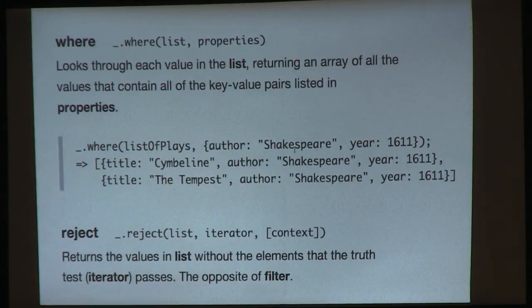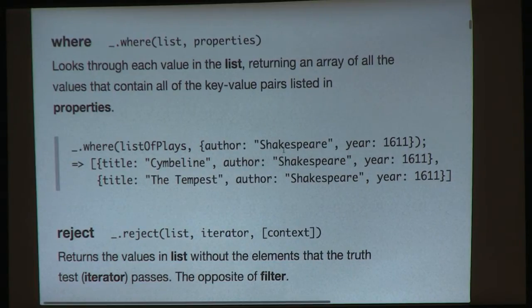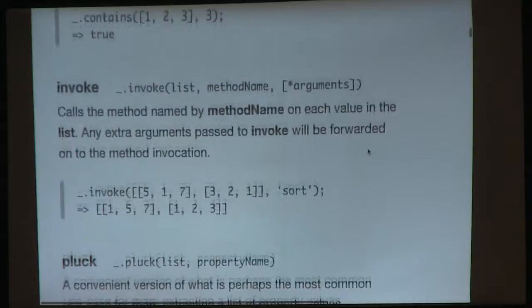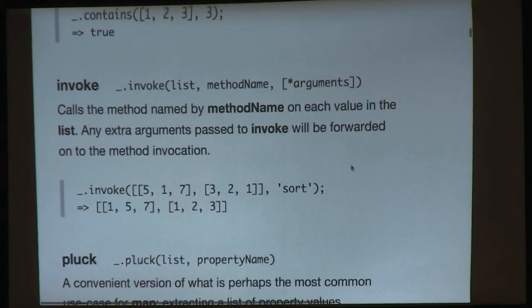Where is actually an awesome one, where it says, here's an object, give me back only the matching objects that have these properties. So in this case, you say, find me all the plays that have the author of Shakespeare that were written in 1611. I can go on and on.